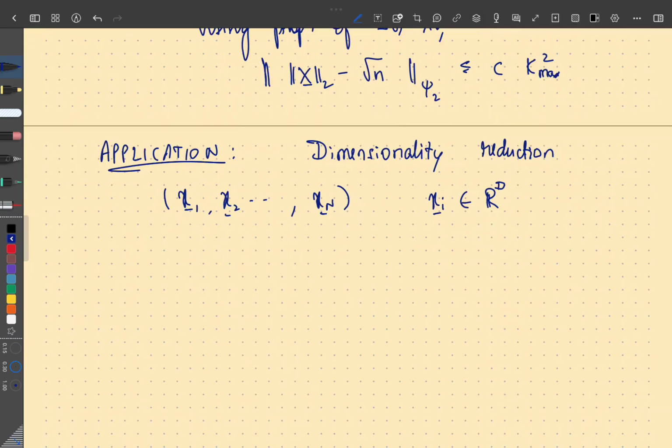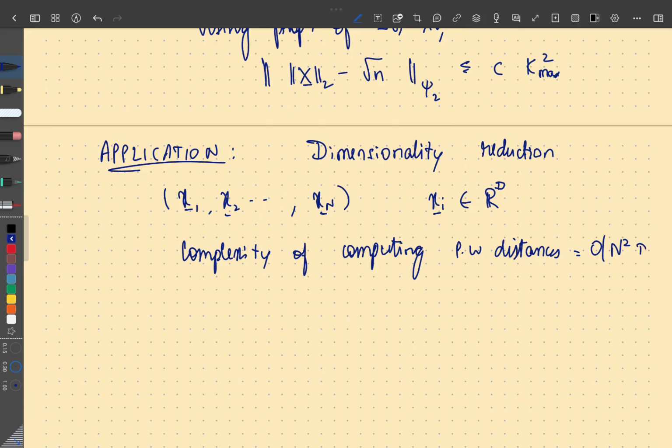So the complexity of computing pairwise distances is order n square times D, which could be very, very large.